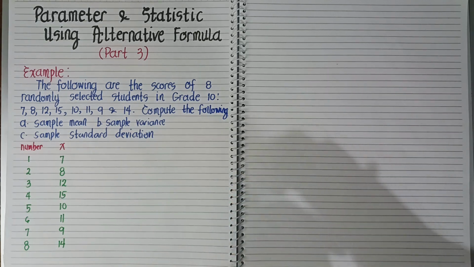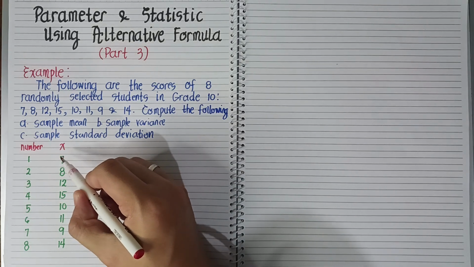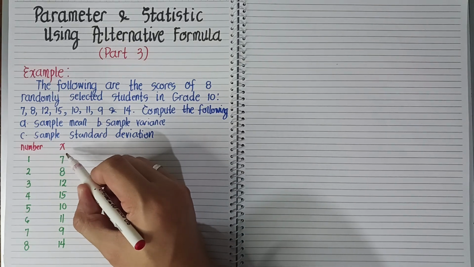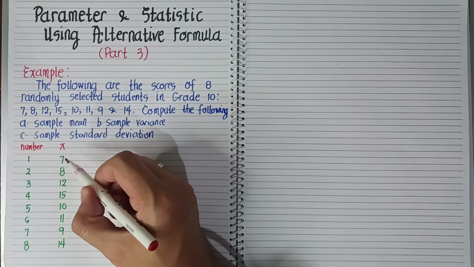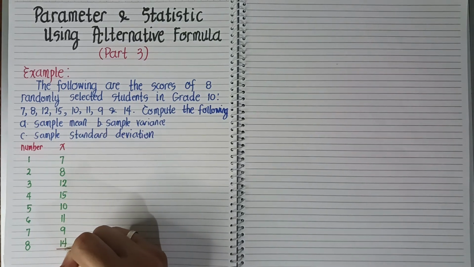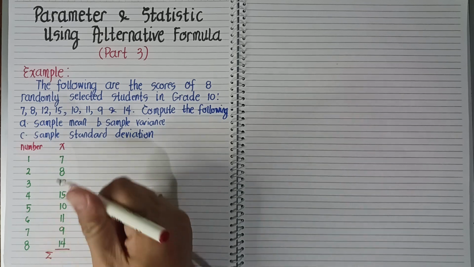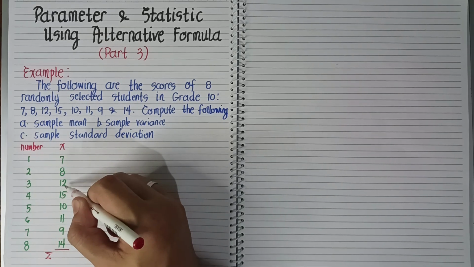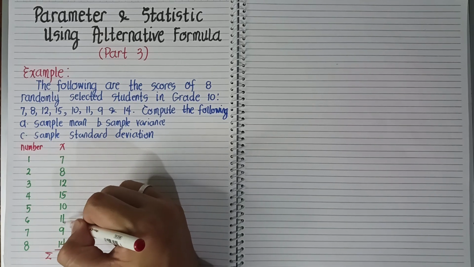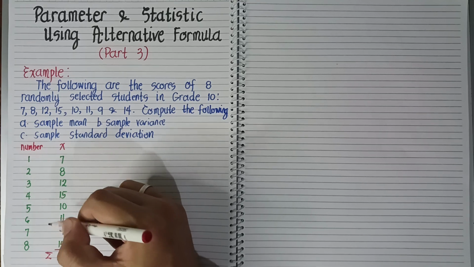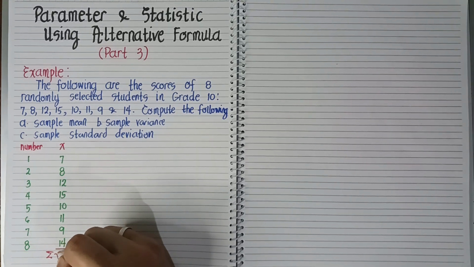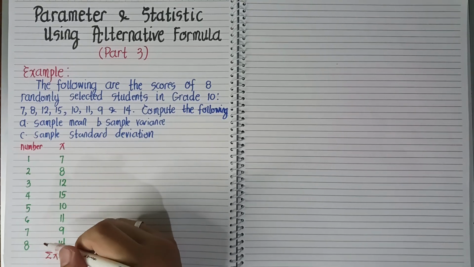After we write that, the next thing to do is, very good, we need to get the summation of the second column, our X. So, get the summation. So, 7 plus 8, plus 12, plus 15, plus 10, plus 11, plus 9, plus 14. So, the summation of X is equal to 86.